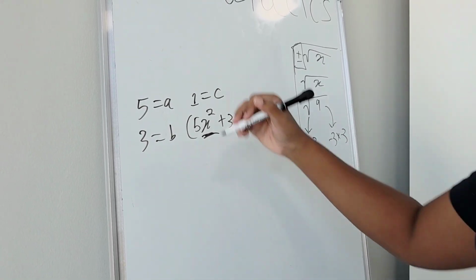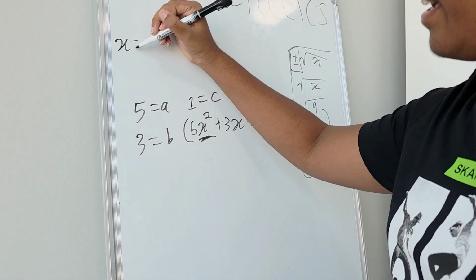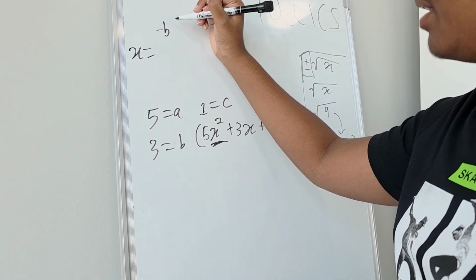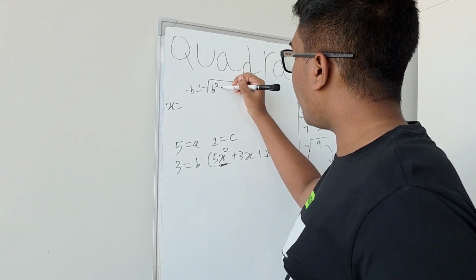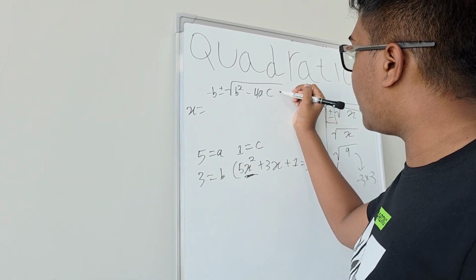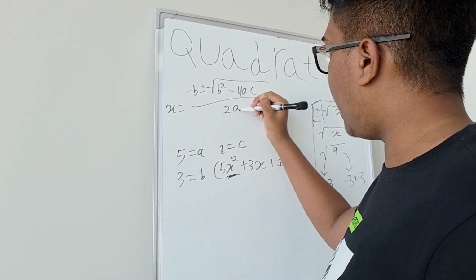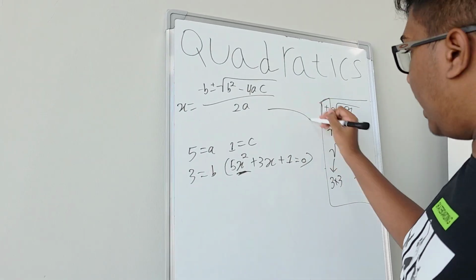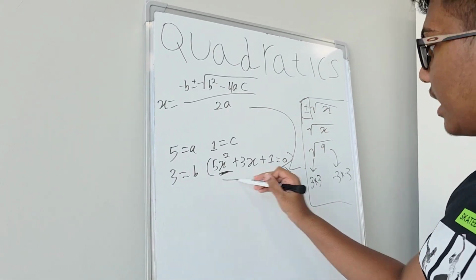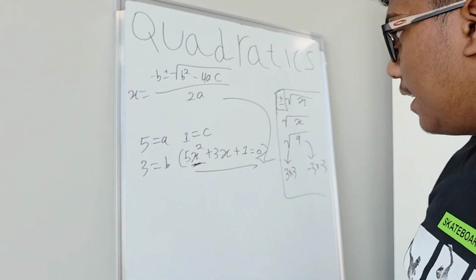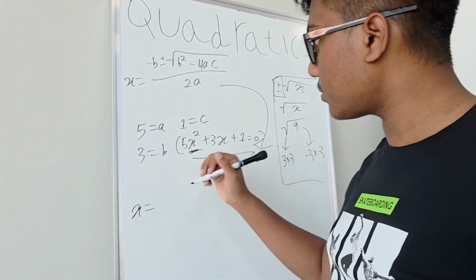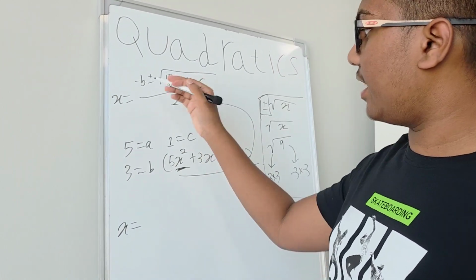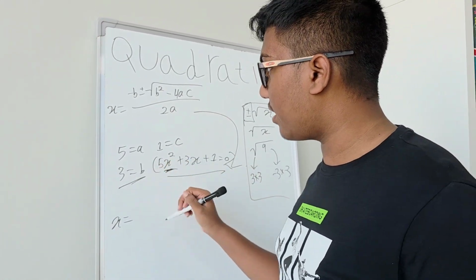So let's do this. Let's take the formula x is equal to minus b plus or minus the square root of b squared minus 4ac, the whole divided by 2a. Let us apply it to this equation. So x is equal to, in this case, let's take 3 as b, as we can see here.